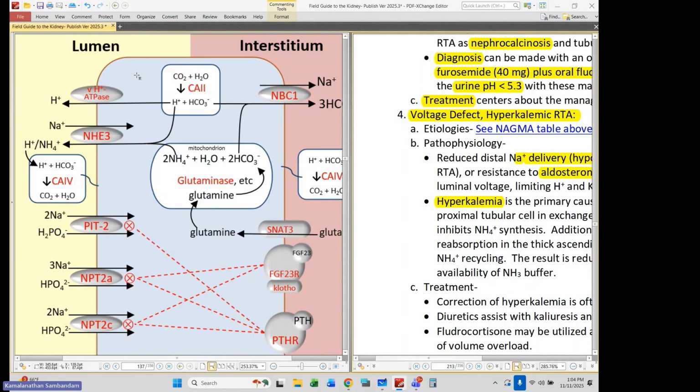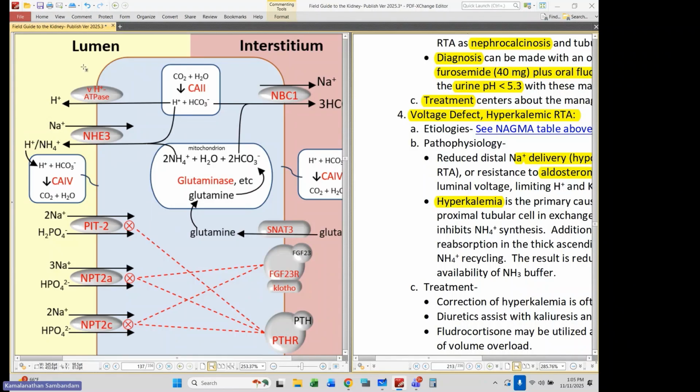98% of total body K is in cells. When I get K loaded, most of that K is buffered by the intracellular space. Protons leave the intracellular space as cations like potassium increase in the cell. Protons leave.